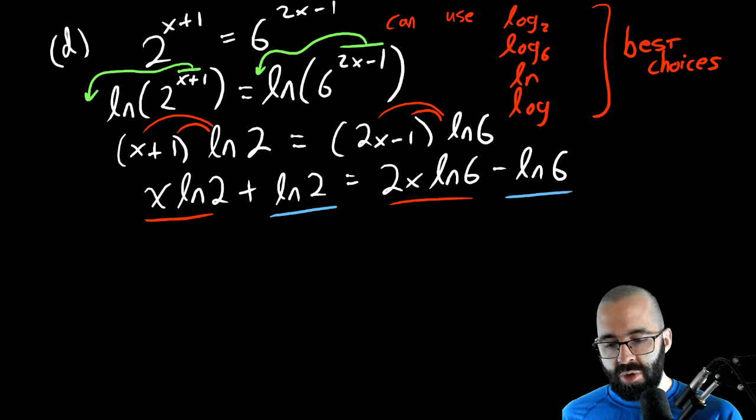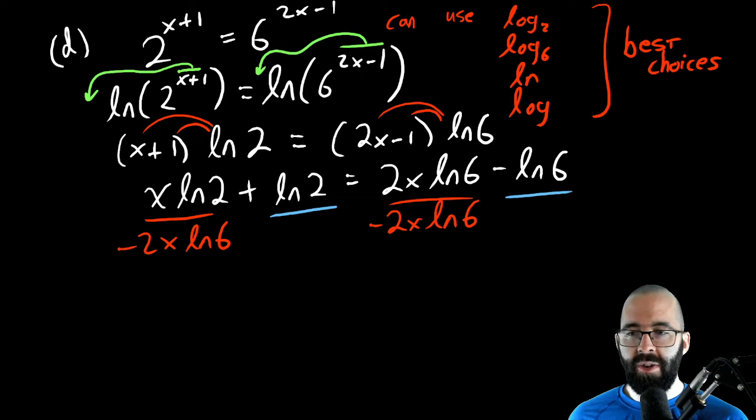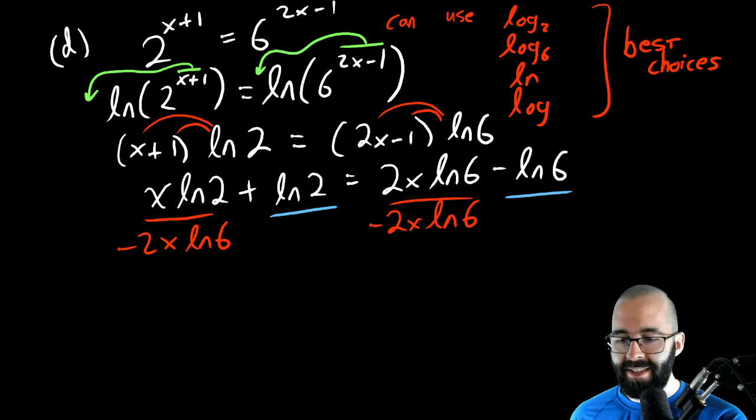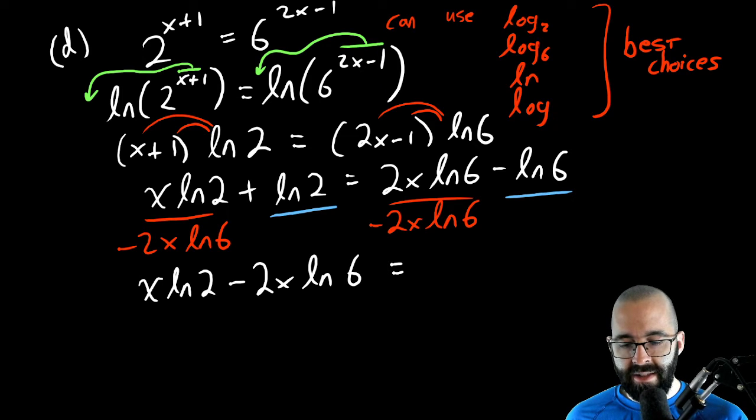So if we subtract 2x ln6 from both sides, be very careful. These are not like terms. We can't combine these. This is x ln2 - 2x ln6. And on the right-hand side, let's subtract ln2 from both sides.